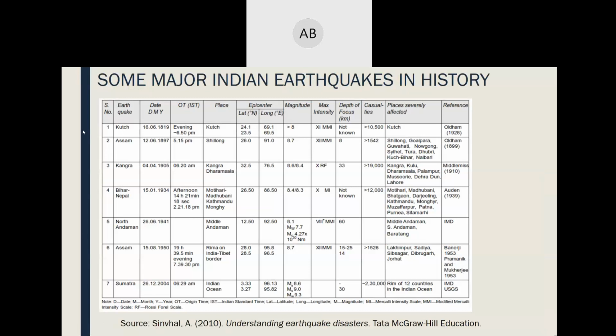By saying so, here in the slide, I am showing you the major earthquakes which occurred in historical time scale in the Indian Peninsula and Indian region. So you see, depending on the magnitude, all these earthquakes are 8 or more.